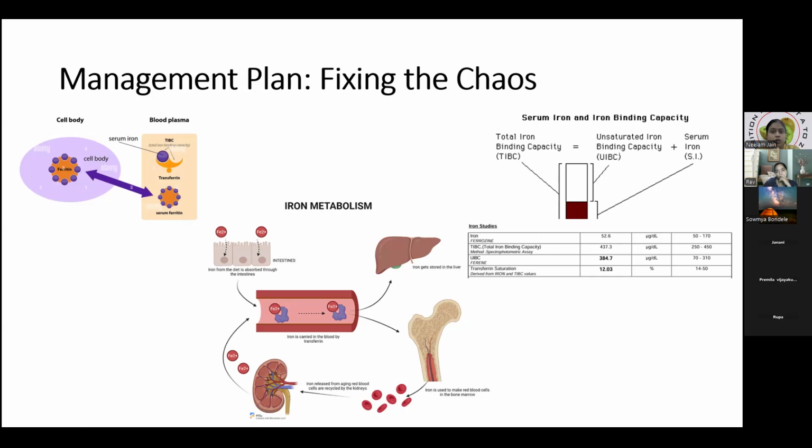So the problem was not typically with the iron, but the protein carrying it. That is why the unsaturated molecules were comparatively more in her case. This is a real study that we have from this particular female only. So the transferrin was lesser. That is why the unbound or unsaturated iron was more. Any doubts till this part?